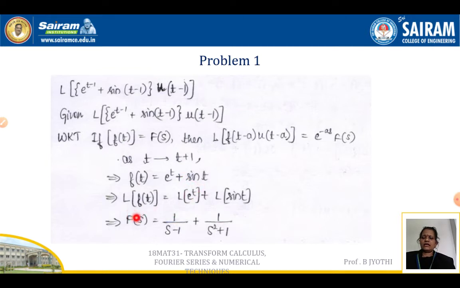So L of f of t will be L of e power t plus L of sin t. L of e power t is given by 1 upon s minus 1, and L of sin t is given by 1 upon s squared plus 1. This is F of s for e power t plus sin t, as t tends to t plus 1.